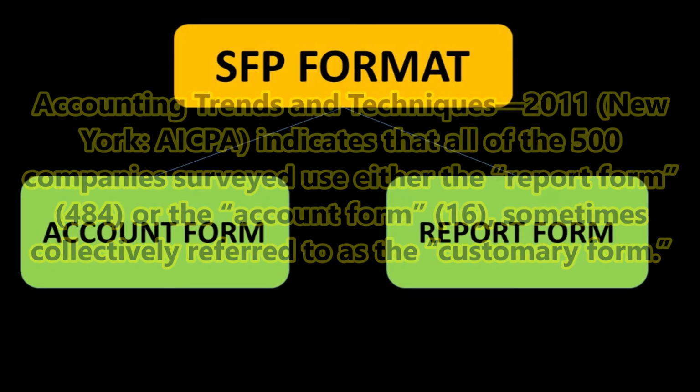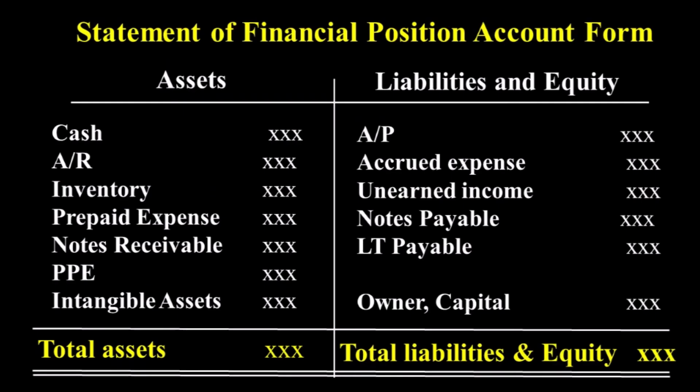I'm going to show you how the account form looks like. We can see here on the video that the account form mimics the general ledger T account format. So the assets are reported on the left and the liabilities and equities are on the right.